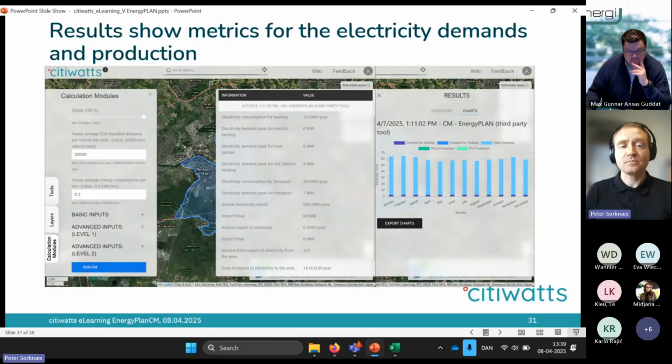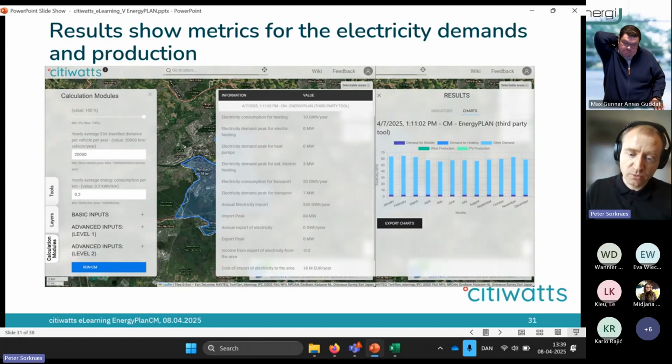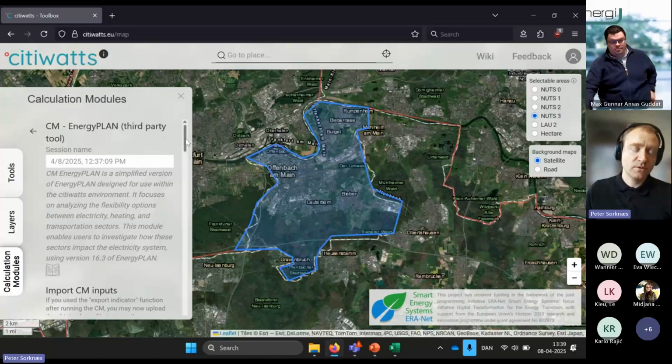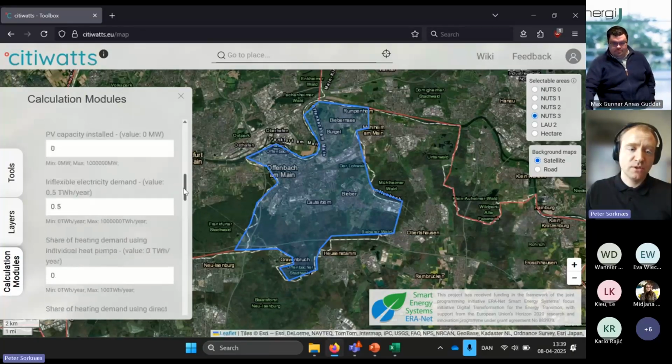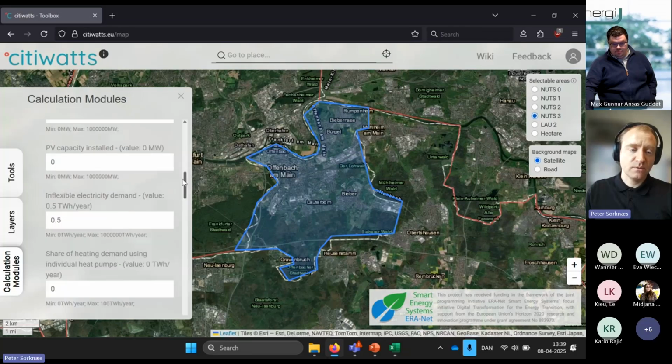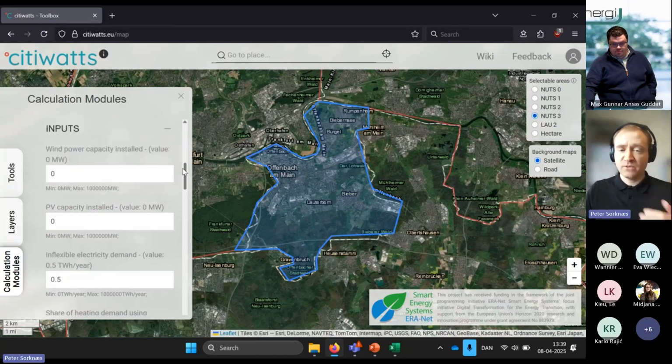Then, if I run the model, I can also go over to the tool maybe quickly and show it. Here I have put in the numbers. You can see this is 0.5 here and they're inflexible. When you open it the first time, there is 100 here in wind power.